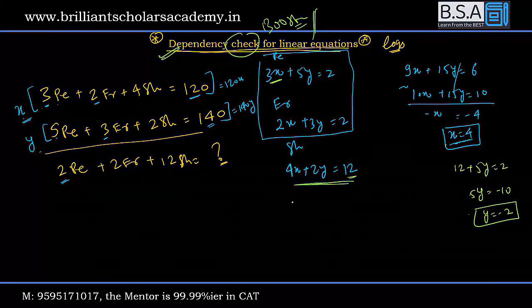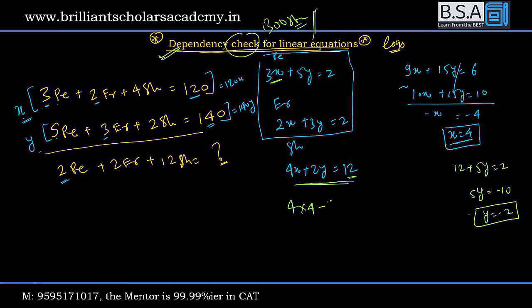Let me put this here: 4 into 4 minus 2 into 2. Is it 12? Is this true? Yes. The question is solvable. So when you multiply x in the first equation, it becomes 120x and 140y.